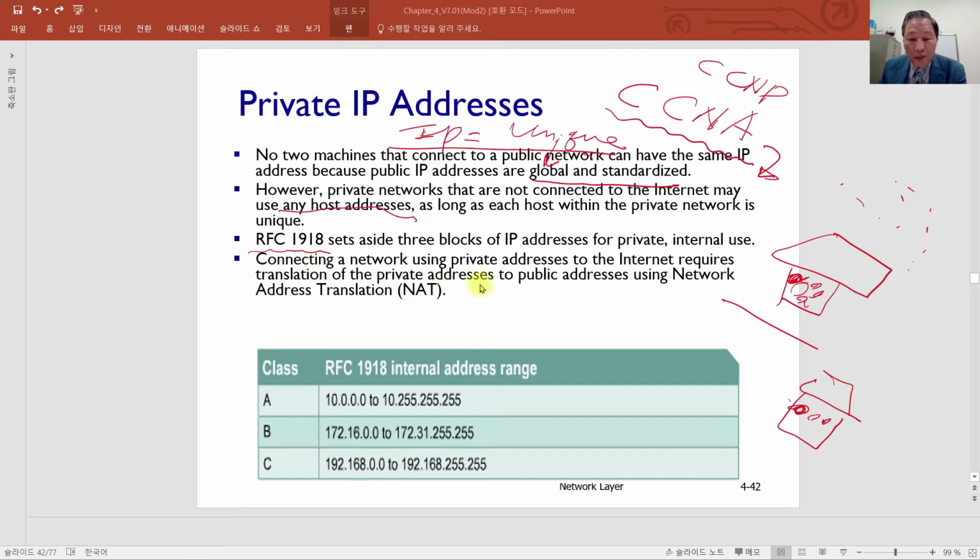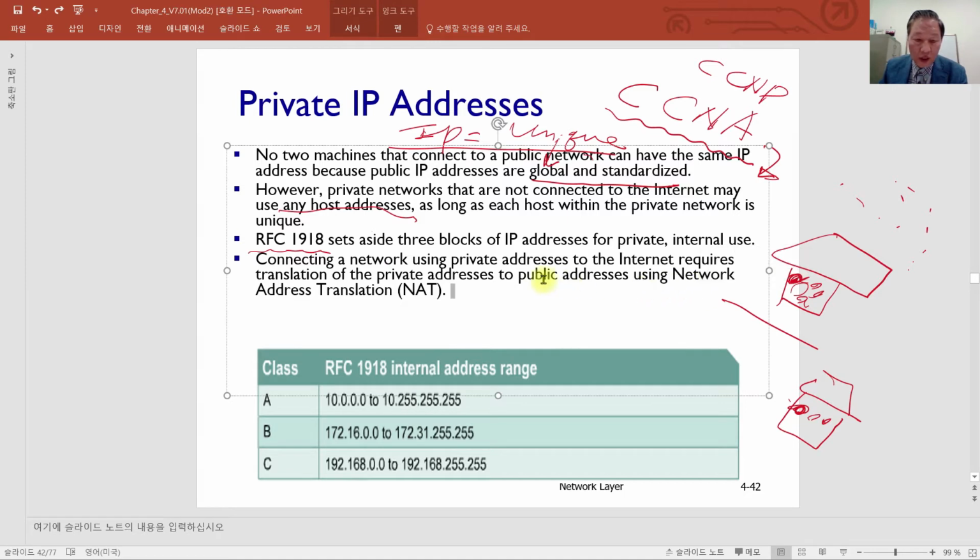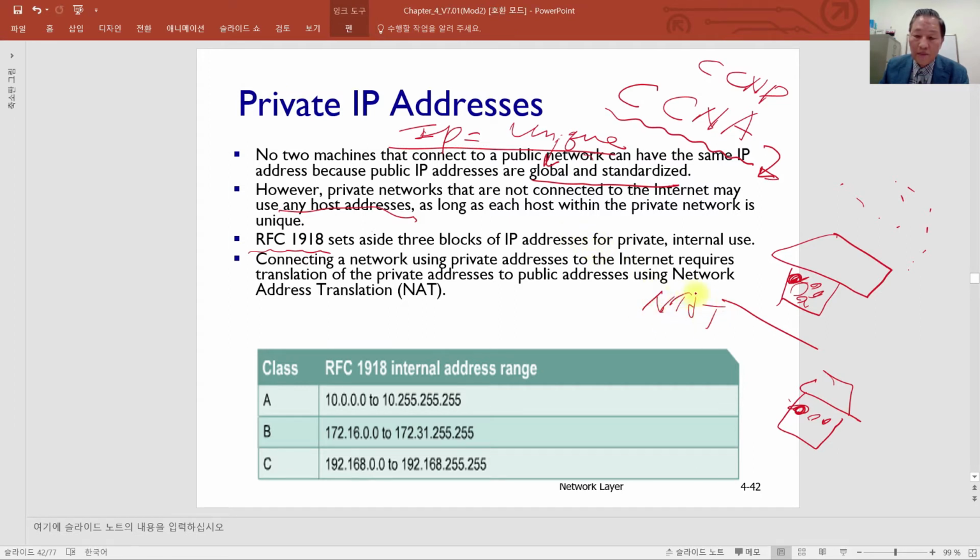Connecting a network using private addresses to the internet requires translation of the private addresses to public addresses using NAT, that is network address translation. NAT here. We will learn about this NAT in detail later.